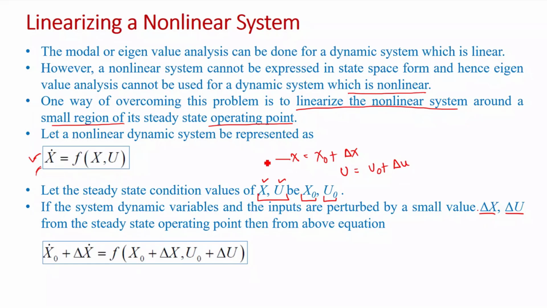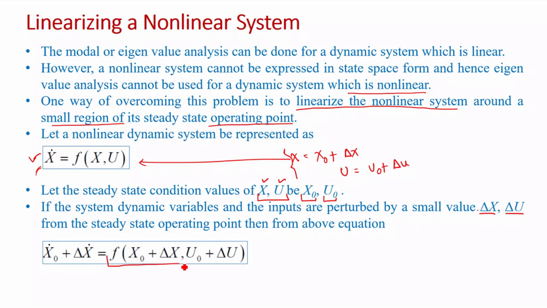Just by substituting these two in this equation, we get x0 dot plus delta x dot equal to f of x0 plus delta x, u0 plus delta u, right?